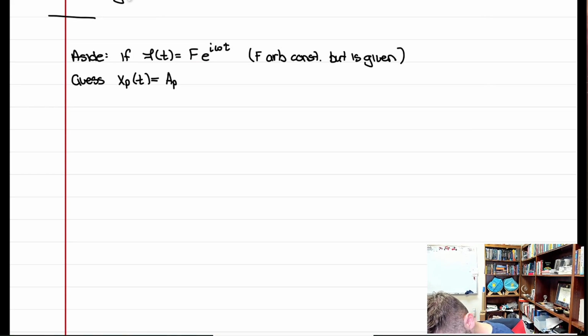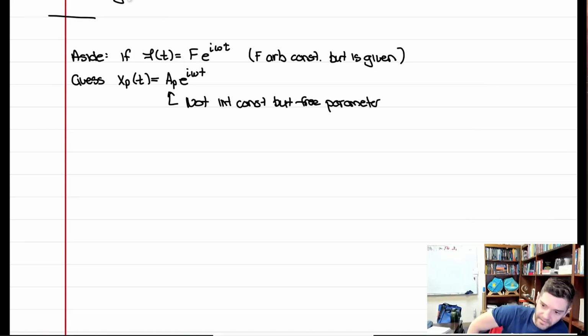So I might write a sub p times e to the i omega t, where this a sub p, remember, is not a constant of integration, but is nonetheless a free parameter that I then have to match, and probably is going to depend on capital F and maybe omega and stuff like that.